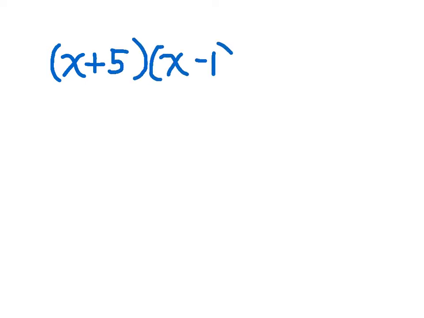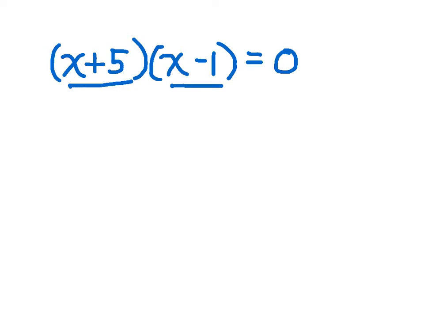But before we even get there, let's just say x plus 5 times x minus 1 equals 0. Here's an equation where one number times another equals 0.